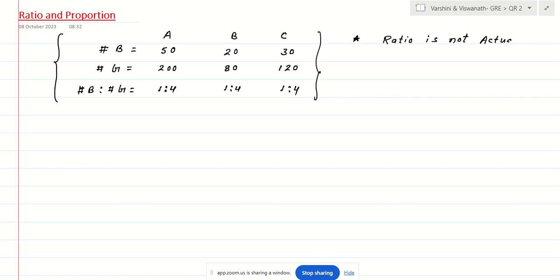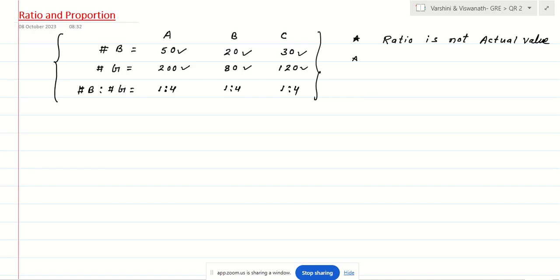Correct, no? I can conclude through this example that ratio is not the actual value. You see, the actual values are different everywhere, but the ratios are the same, correct?